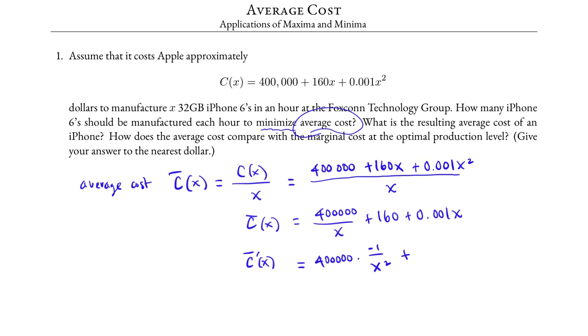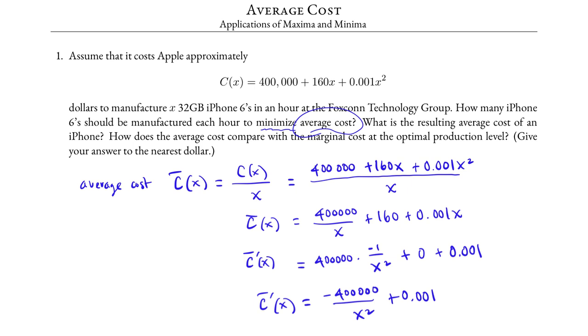The derivative of 160 is 0, and the derivative of 0.001x is 0.001. Simplifying this, we have negative 400,000 over x squared plus 0.001. And again, this is the derivative of the average cost.